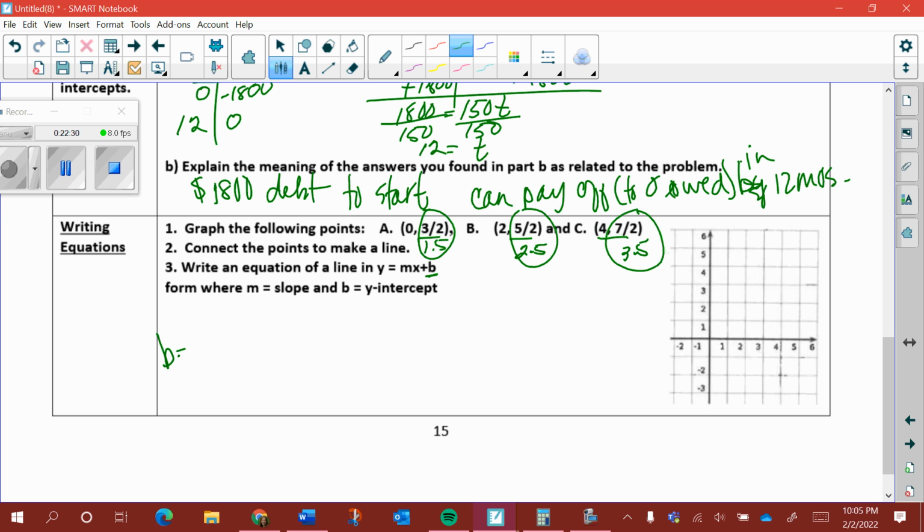So the b value is the value of y when x equals 0. So for instance, right here, that's my y-intercept. And now I just need to find my slope. How much am I changing each time? Up and over, up and over. Finish that out on your own.